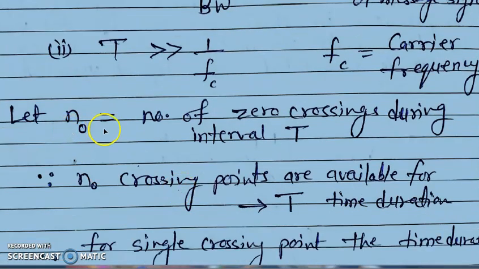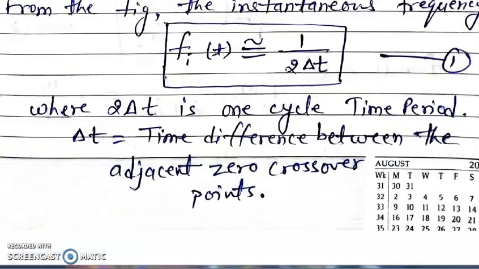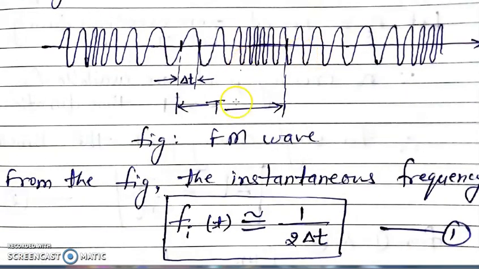Now let us assume N0 is the number of zero crossings during interval T. As in the diagram, if we start from this point, this is the first zero crossing, this is the second, third, fourth, fifth, 6, 7, 8, 9, 10, 11, 12, 13, 14, 15.